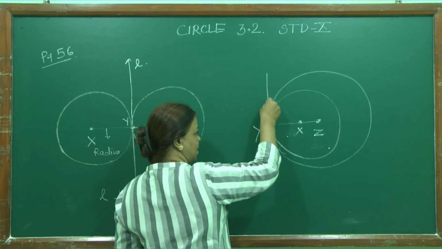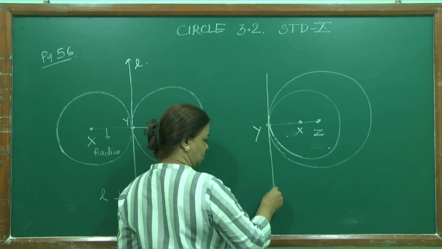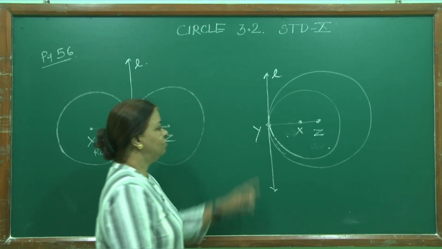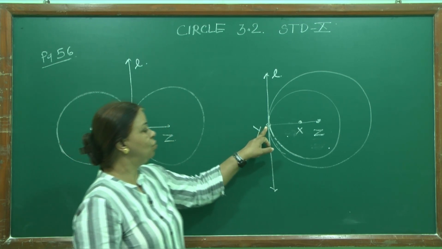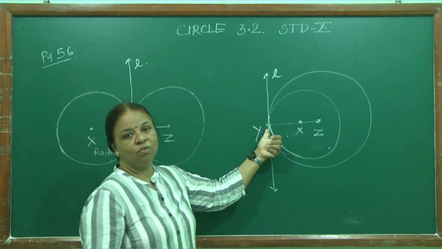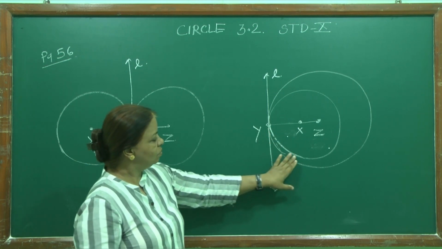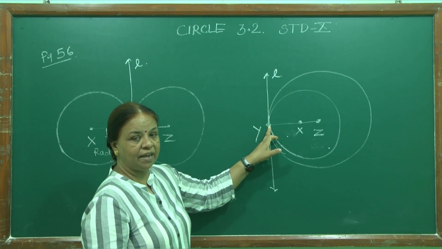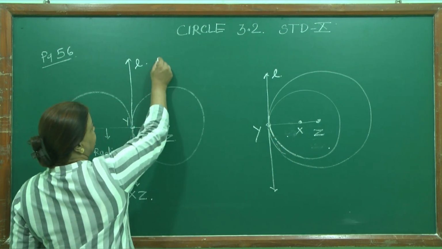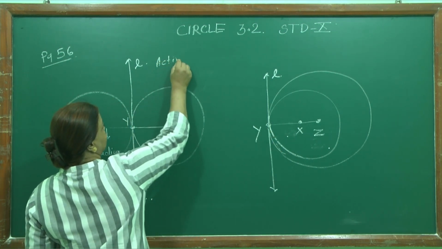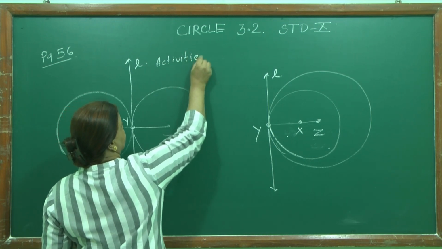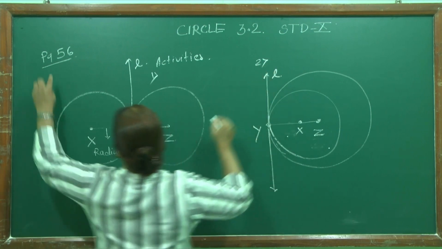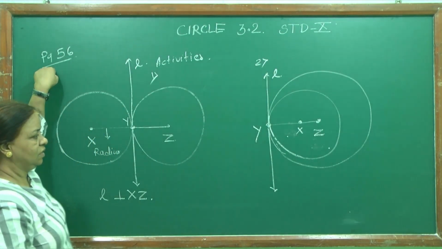If I make a line L, this line L will be perpendicular to YZ at point Y. Here both the circles are touching internally at point Y. These are the two activities from page number 56.